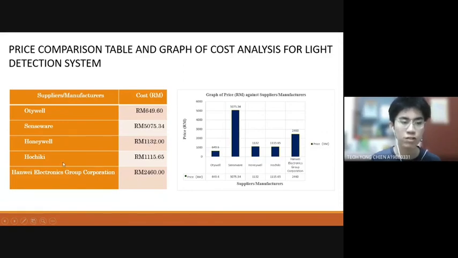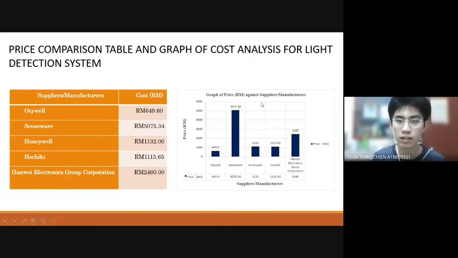And then the Hochiki supplier gives us the cost of 1,115 ringgit 65 cent. And then the last is the Hanway Electronic Group Corporation with the cost of 2,460 ringgit.